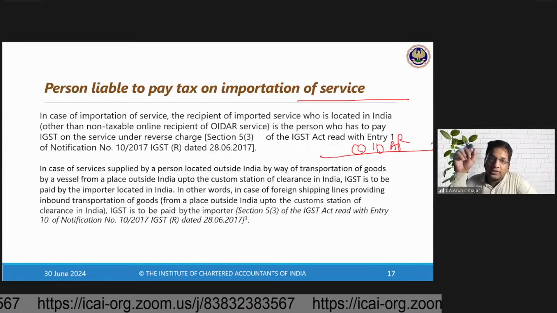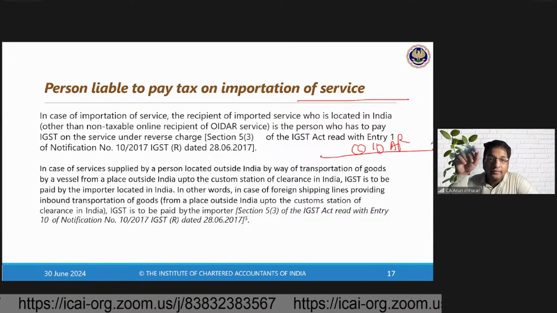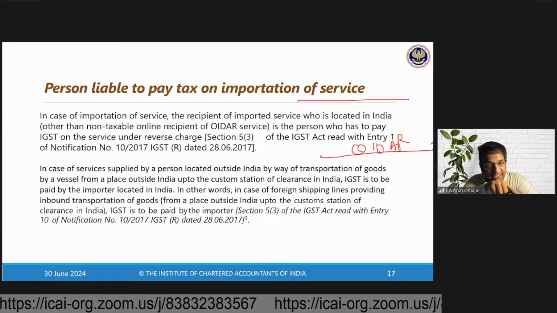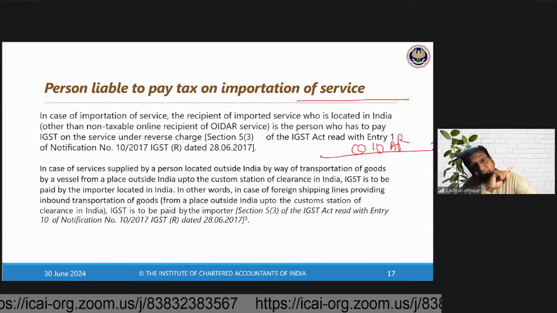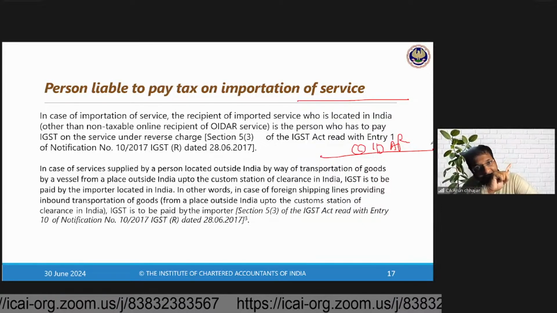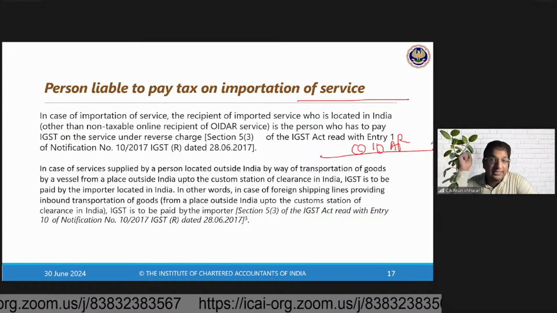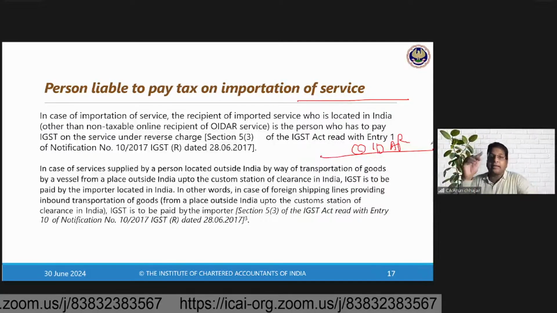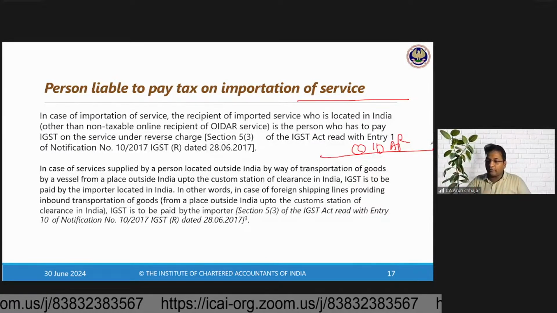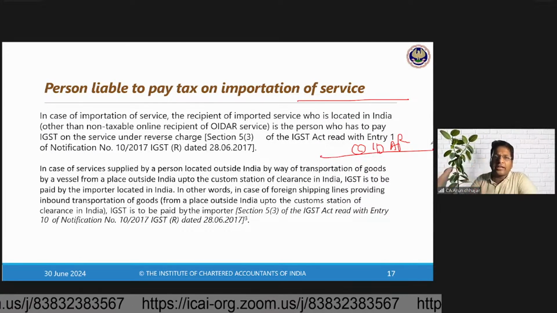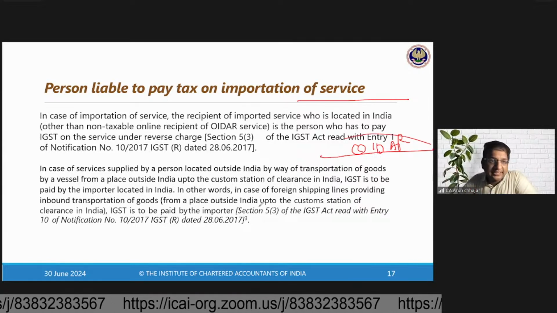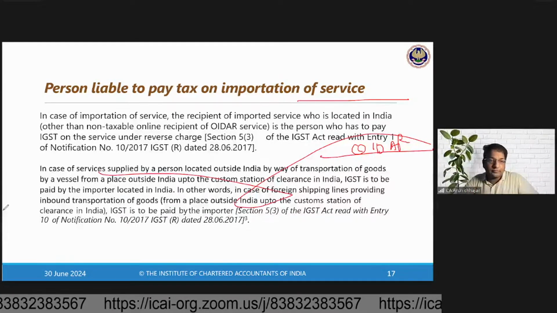This OIDAR concept you will read in this chapter, Section 14. You have also read this provision in Section 24, and you have read this provision in the RCM chapter as well. Meaning thereby, now I will compile all the provisions. OIDAR means Online Information Database Access Retrieval Services.